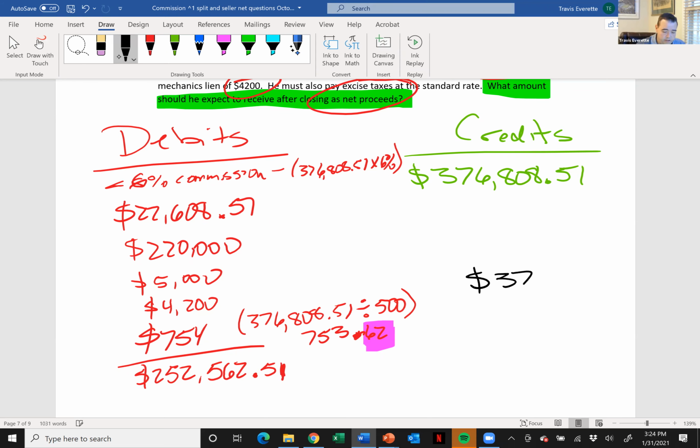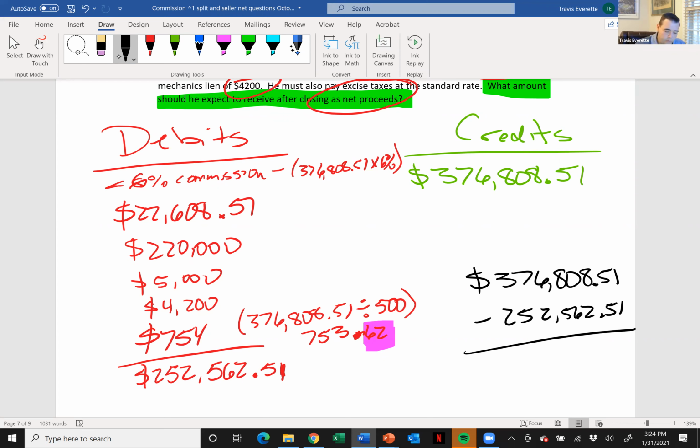It's going to be 376,808 and 51 cent minus 252,562 and 51 cent. 7, 6, 8, 0, 8, 51.